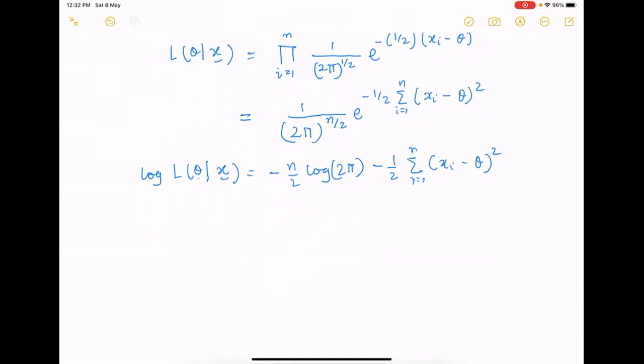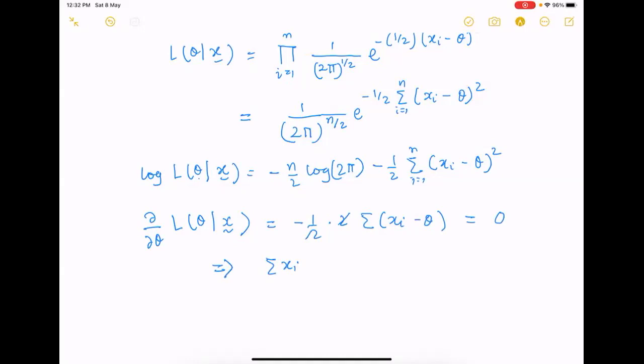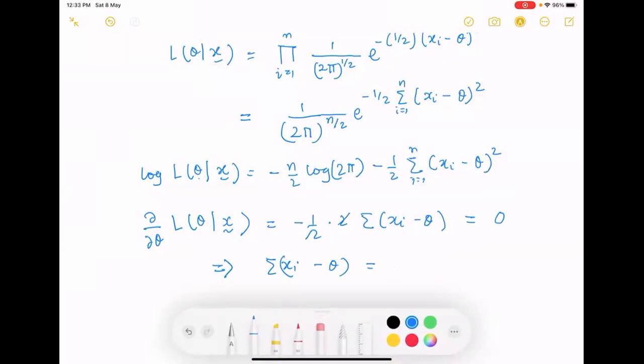Okay, and then I differentiate it with respect to theta. Of course, this is a constant, so nothing is there. And what we have is effectively minus half times 2 summation (xi minus theta). So this cancels. If I equate this to 0, then effectively I'm left with summation (xi minus theta) equal to 0.